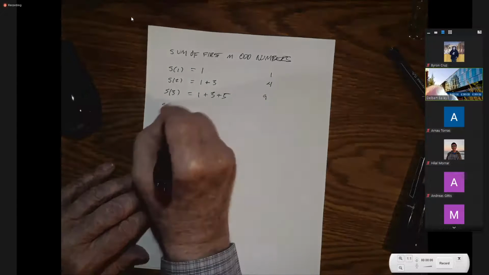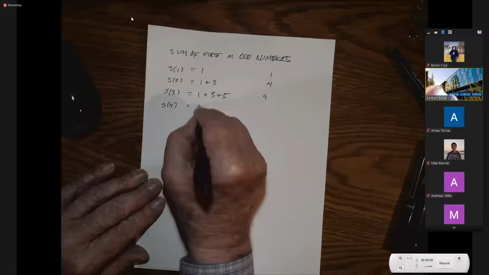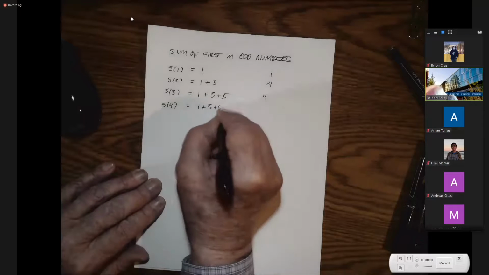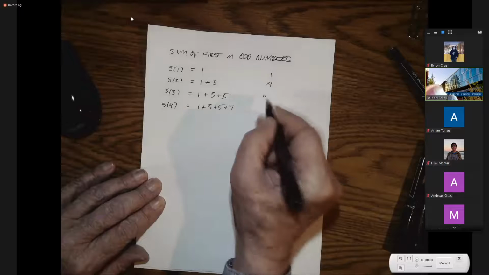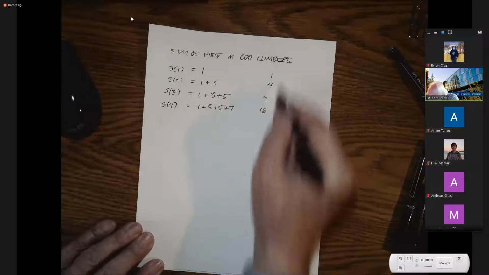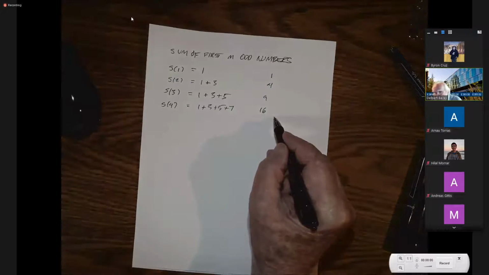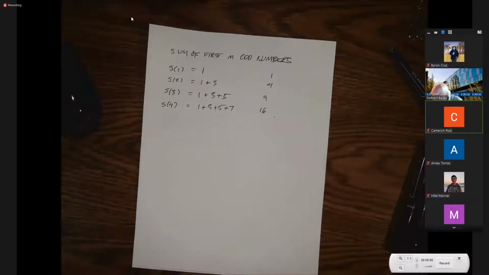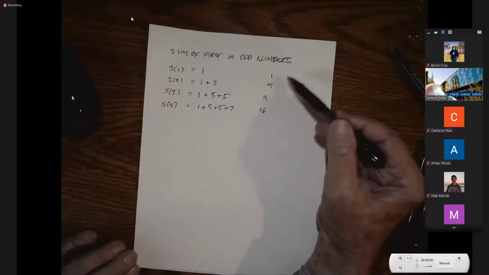Oh, let's do one more. Well, 9 and 7, 16. We're already beginning to get an idea here. In fact, this is a way to come up with conjectures: just look at the numbers in the set that you're concerned about, and get some idea of what's going on.